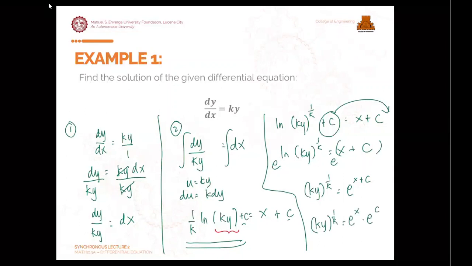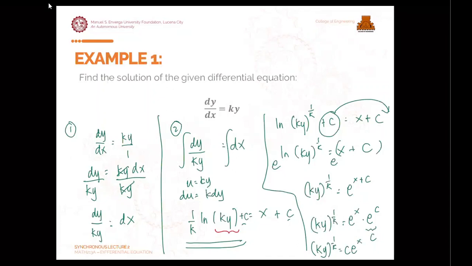Property ng exponent. Okay? Then, e raised to c is equals to c na lang ulit. No? Kasi exponential function, meron siyang value na 2.7 something. Tapos constant yan. So, ito magiging solution natin sa problem will be ky raised to 1 over k equals to c e x.